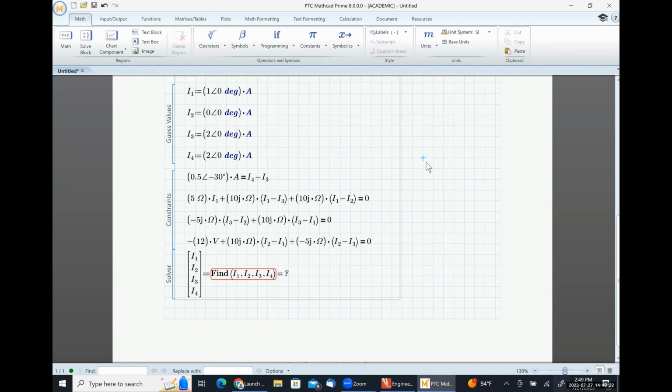So like parentheses around 5 ohms times I1, and then around that whole statement, plus parentheses around 10J times ohms times I1 minus I3. That would be a lot though. Yeah, I don't think that's the issue. I'm going to play around with the guess values, and worst case scenario, I have an alternate plan.